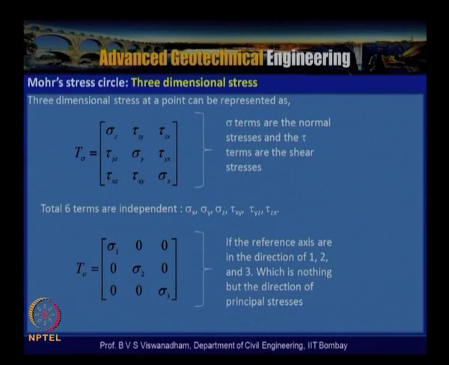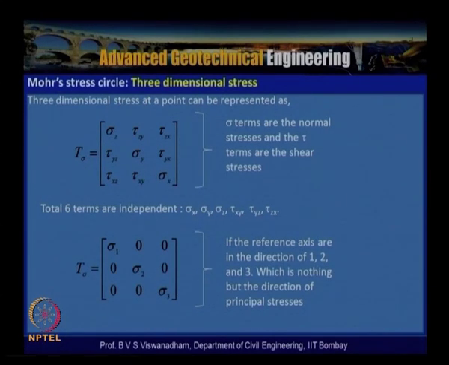Please note that the total of 6 terms are independent: sigma x, sigma y and sigma z, tau xy, tau yz and tau zx.